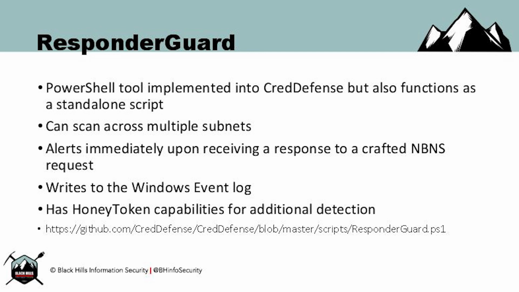You can specify CIDR lists, and it will hit every host on NBNS and request a host name that should be invalid anyway. If a responder responds and says, yeah, I am that host, and sends the response back to Responder Guard, you'll know immediately that that's probably a responder on the network.